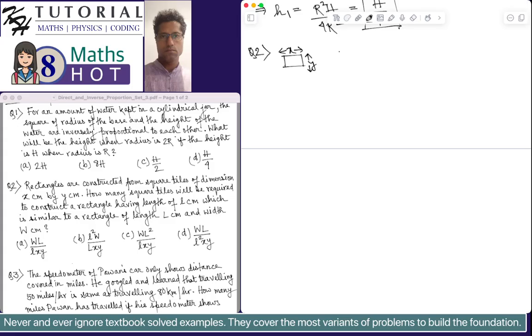Now we are constructing rectangles from these square tiles. I'm just roughly drawing a rectangle constructed from these square tiles.